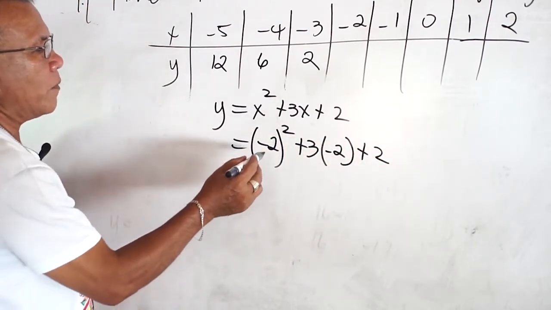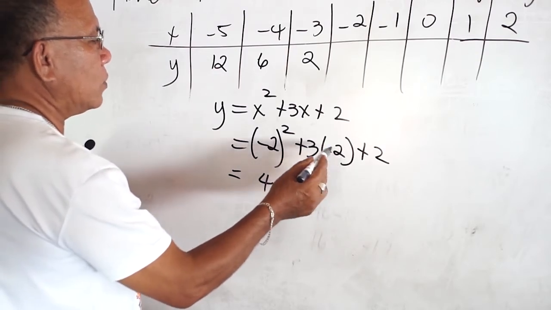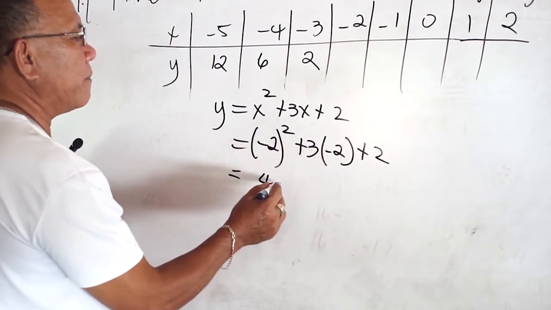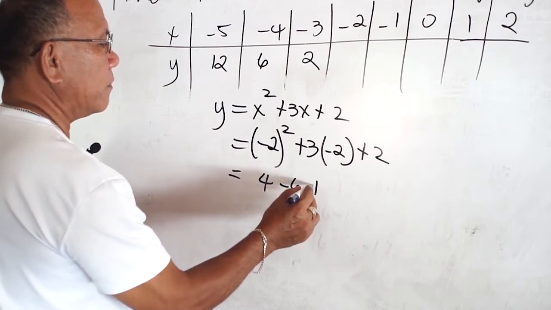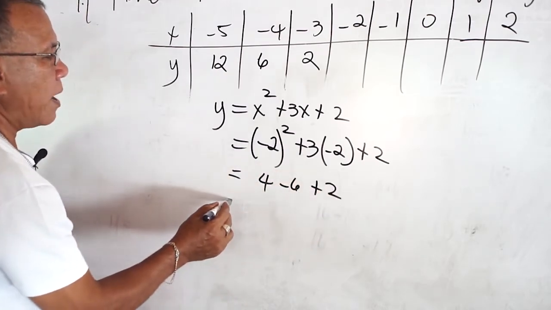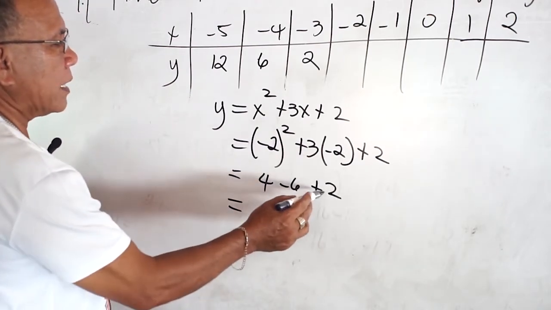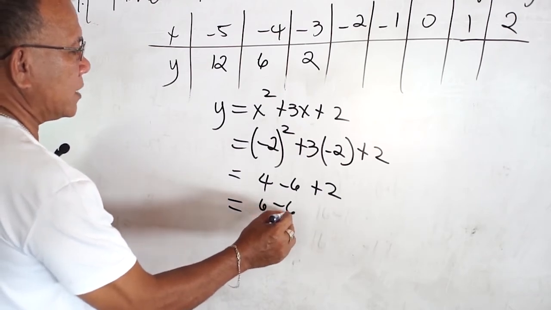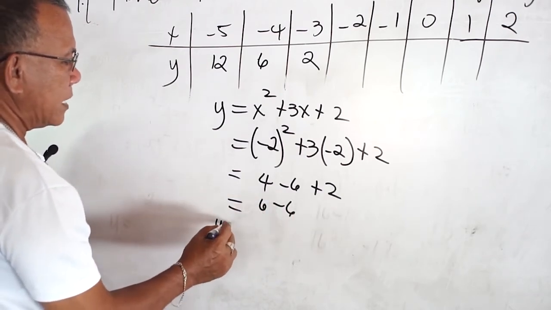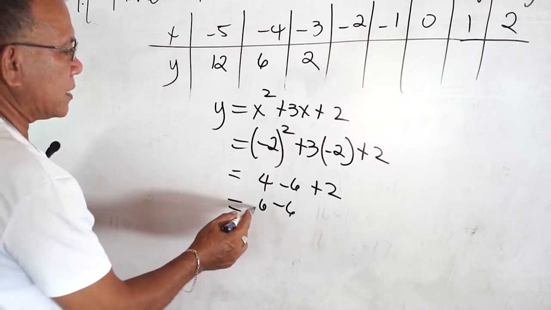Okay, the square of negative 2 is 4. Then we multiply negative 2 times 3, so we have negative 6. Then we have positive 2. Then combine. Okay, so we have 4 plus 2, 6. Then minus 6. So therefore, the value of y is equal to 6 minus 6.